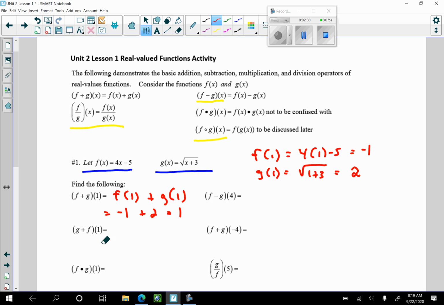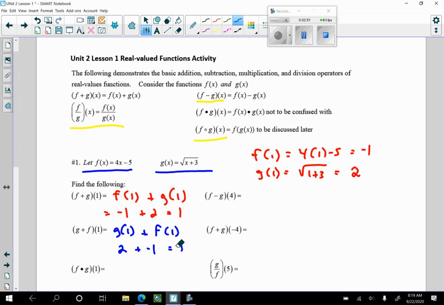And I'm going to jump right down here and do this g plus f of 1. This is going to be g of 1 plus f of 1. And we know from above that g of 1 is 2, and f of 1 is negative 1, and this is also equal to 1.